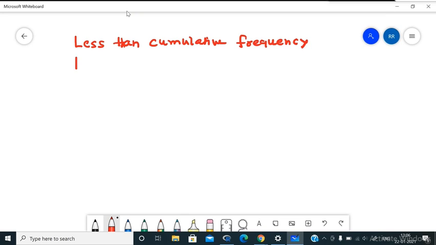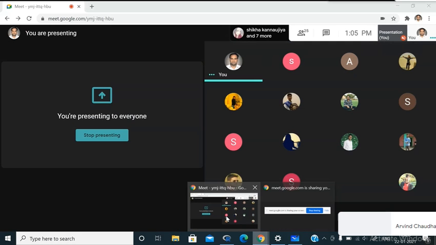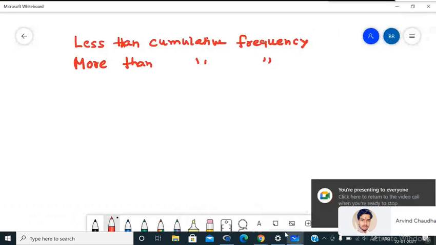And the other is more than cumulative frequency. So let us see what is less than cumulative frequency and what is more than cumulative frequency.